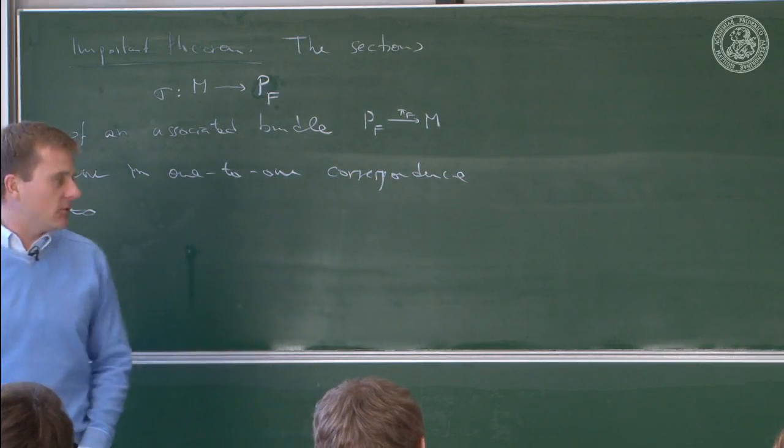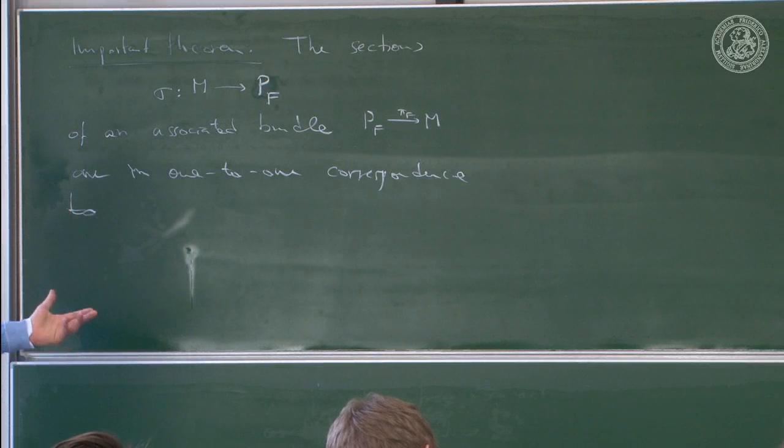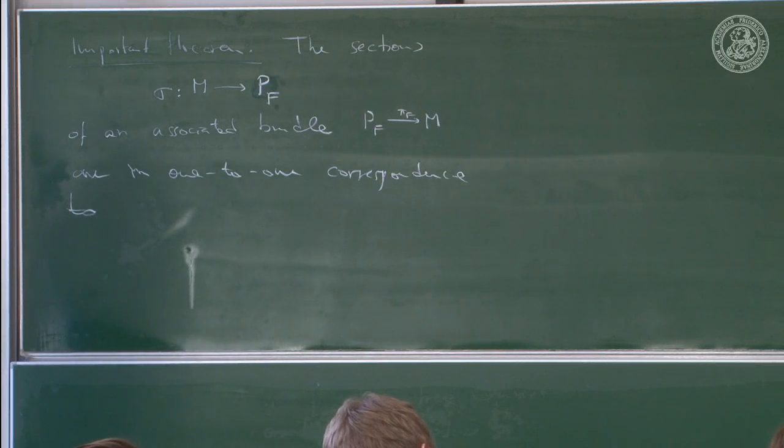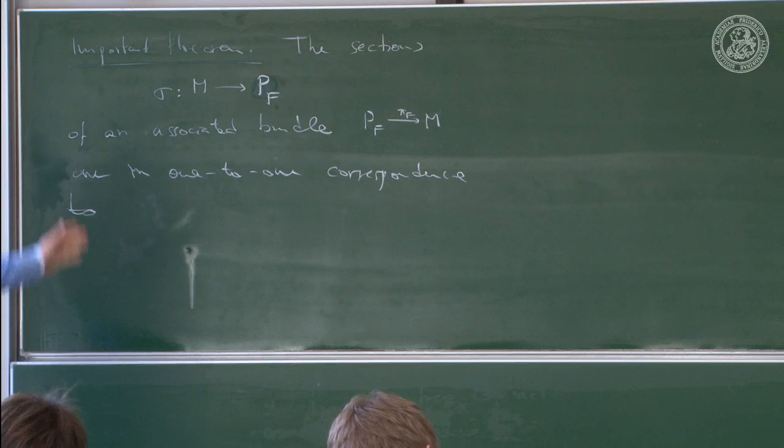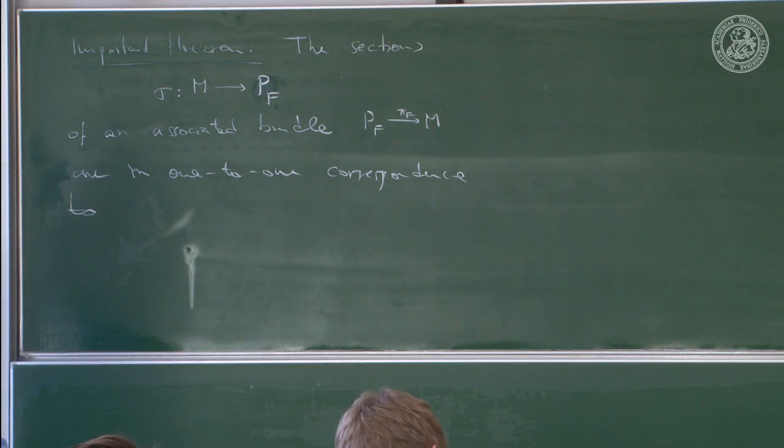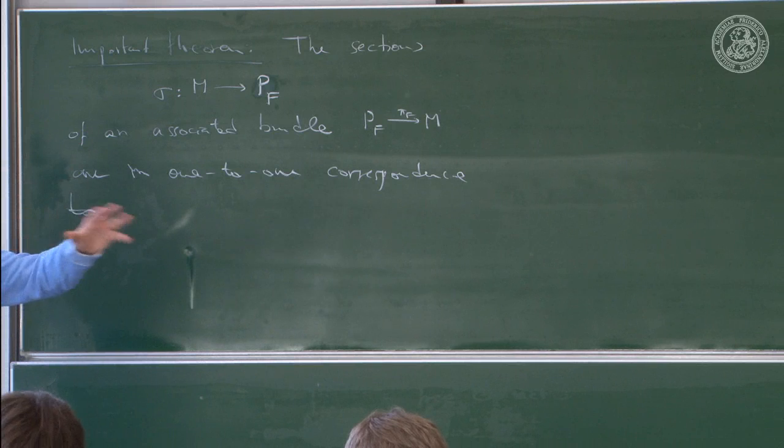But whatever comes, it will be a precisely equivalent idea of thinking about sections of an associated bundle. For instance, if we talk about sections of the tangent bundle, we know these are the vector fields.